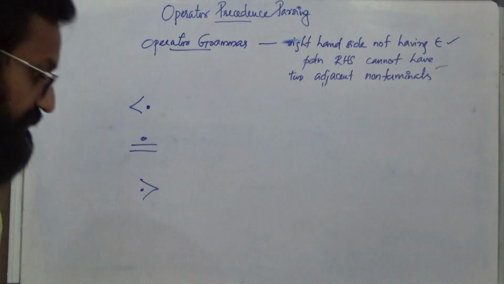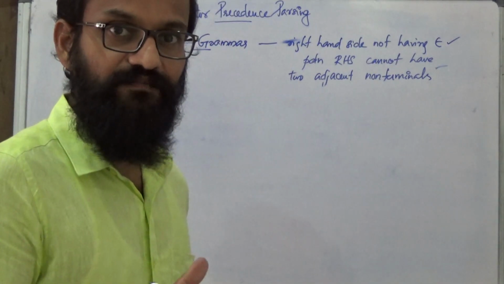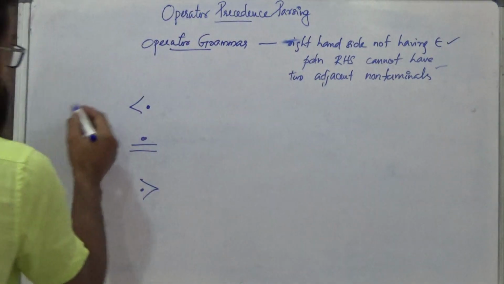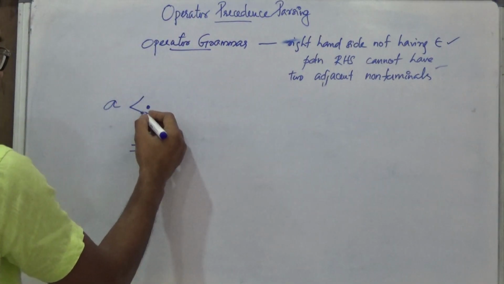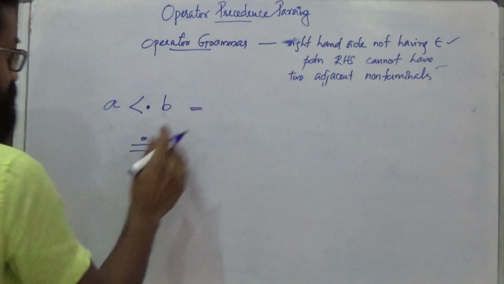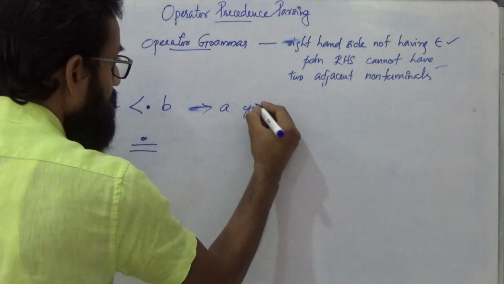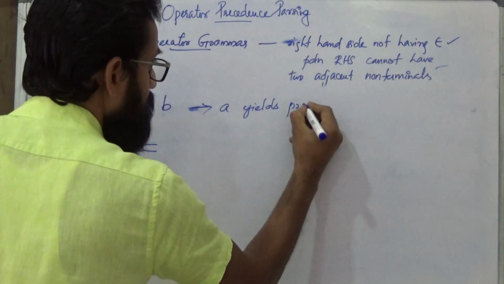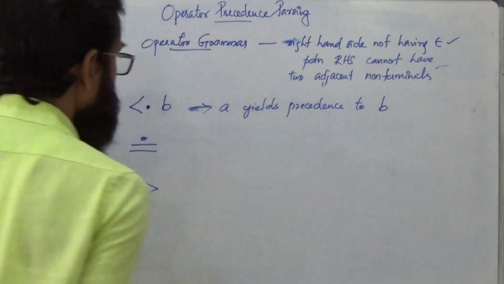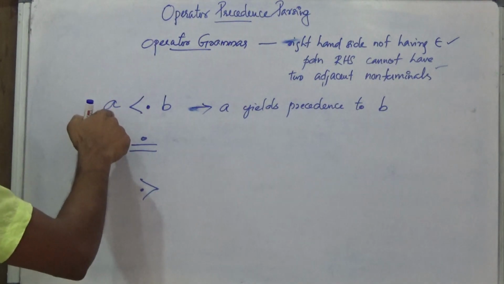You have three types of precedence that can be defined between every pair of terminal symbols. If I relate A with B using the first symbol, this indicates that A yields precedence to B, in the sense that B has higher precedence compared to A.